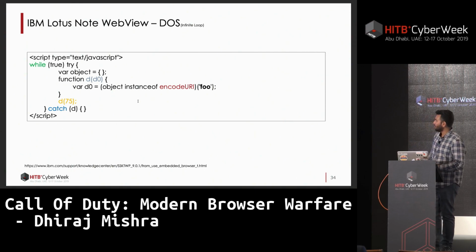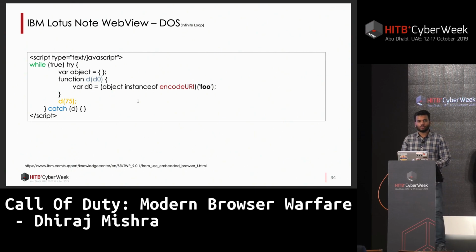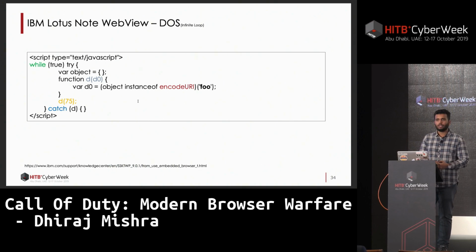If you recall IBM Lotus Notes, one of the alternatives to Outlook where you send and receive emails, it used to have an inbuilt browser. I started analyzing it further and did a few denial of service attacks by writing a small script. This is a while-try-and-catch statement.